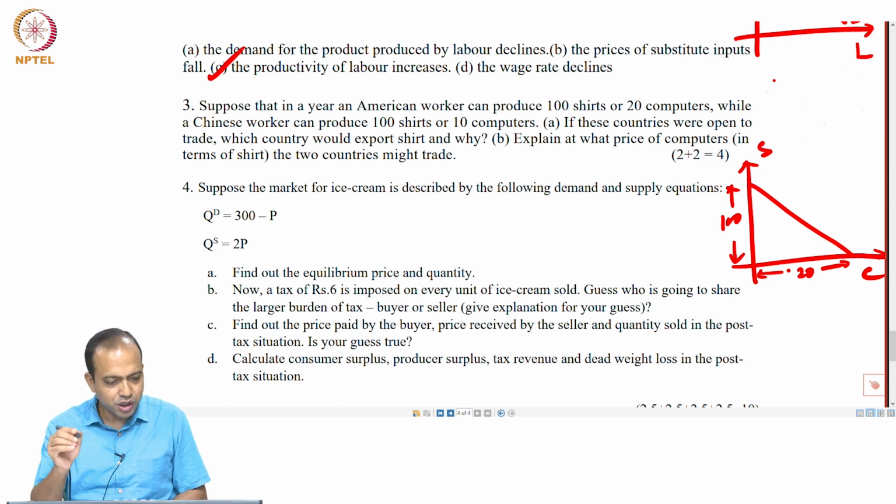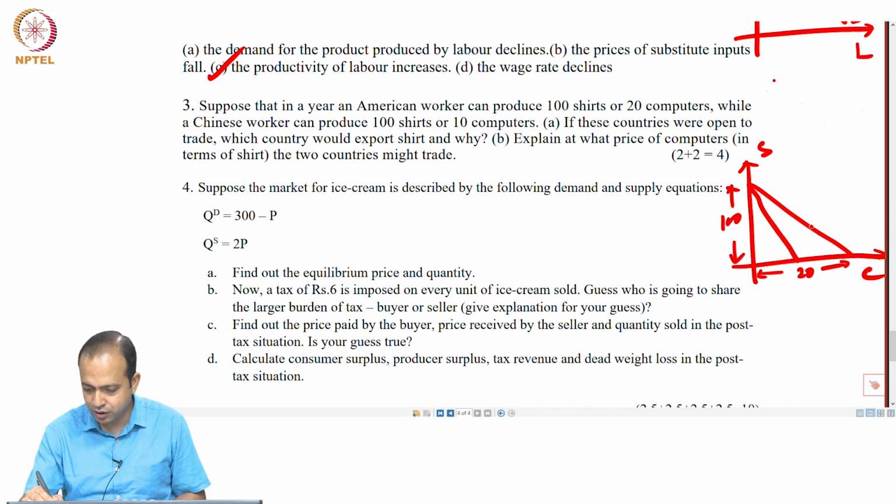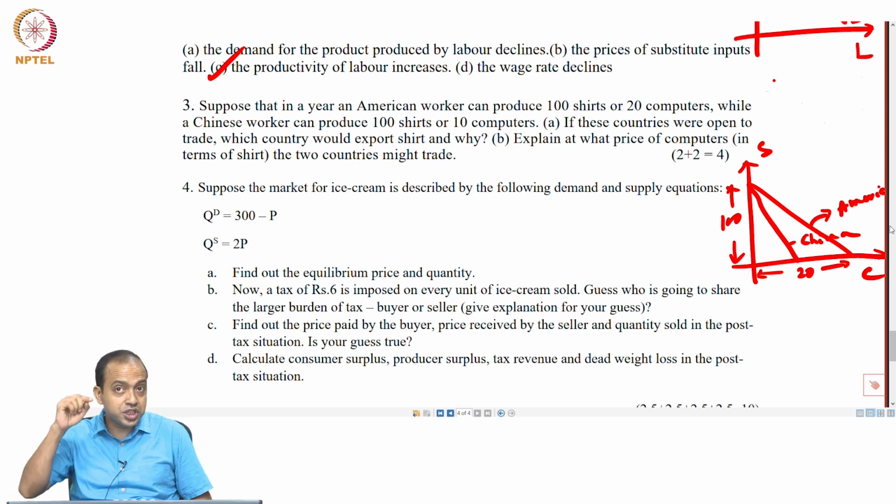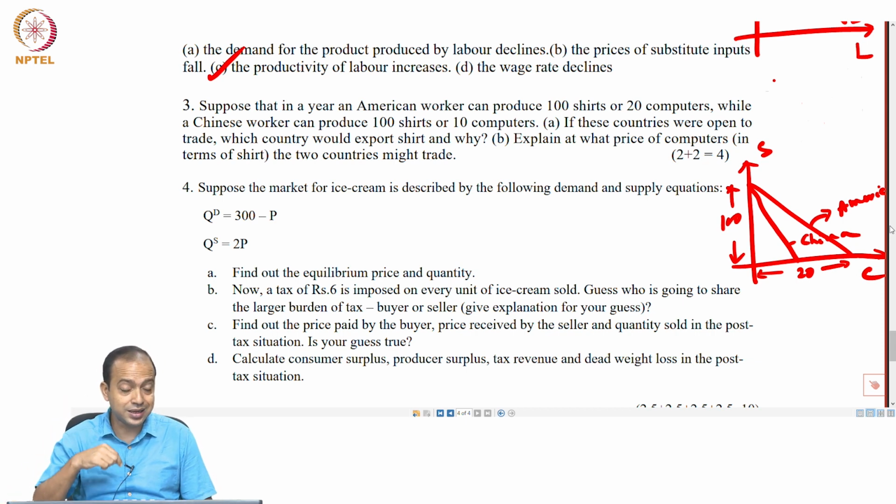Then what about the PPF of China? So, this is 100 certs vis-a-vis 10 computers. This is America and this is China. So, the question is which country would export cert?